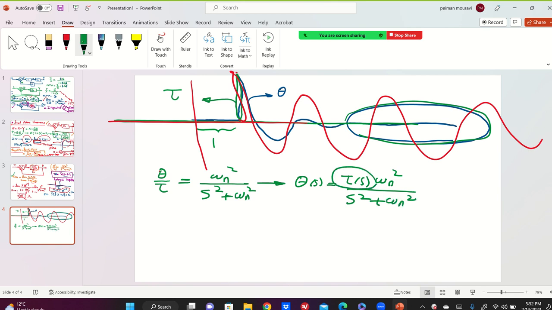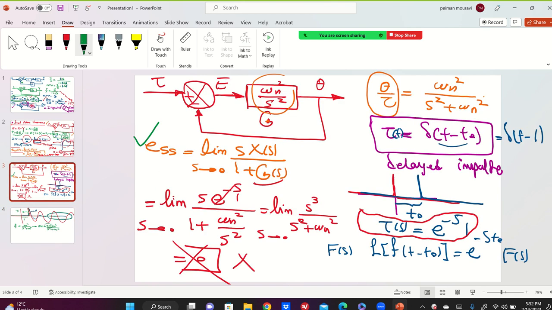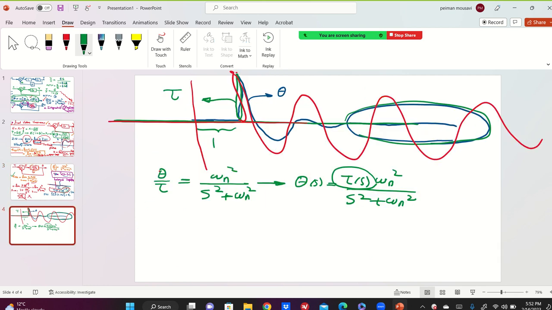But what is tau of s we derived together? You tell me. e to the minus s, the delayed impulse. So e to the minus s times omega n squared over s squared plus omega n squared. Because at the end of the day, we're going to find theta in the time domain.